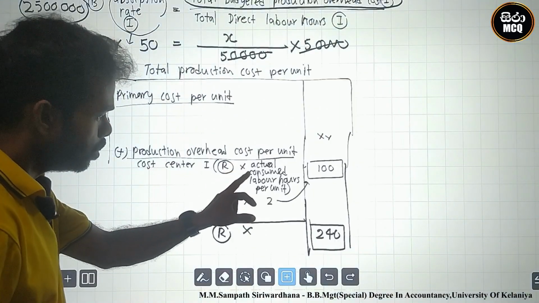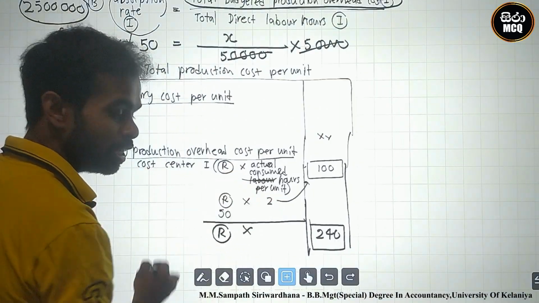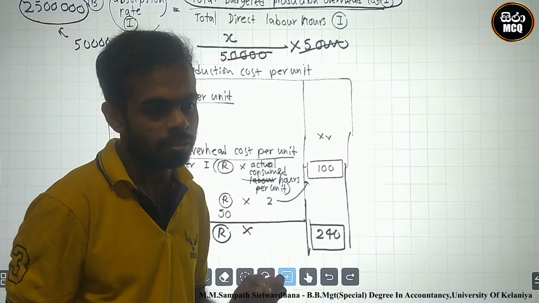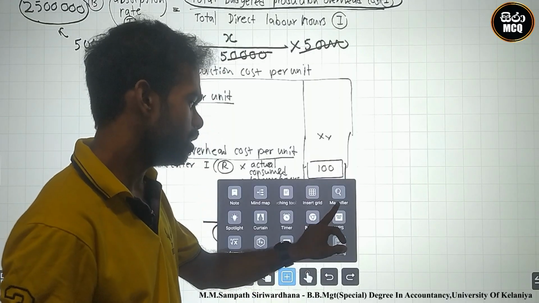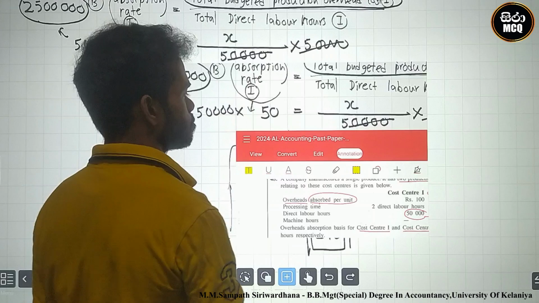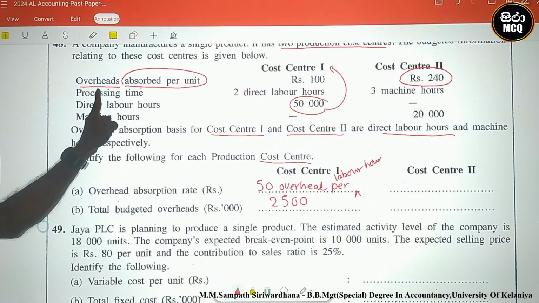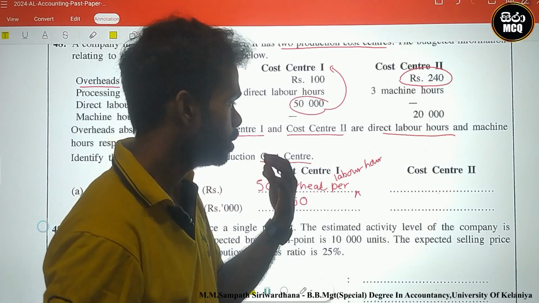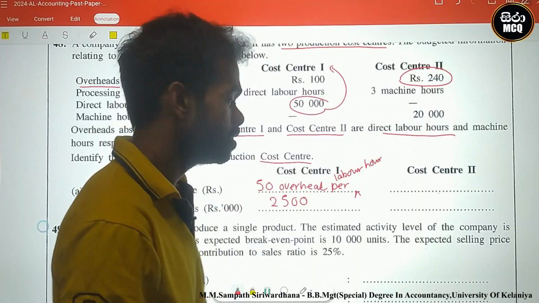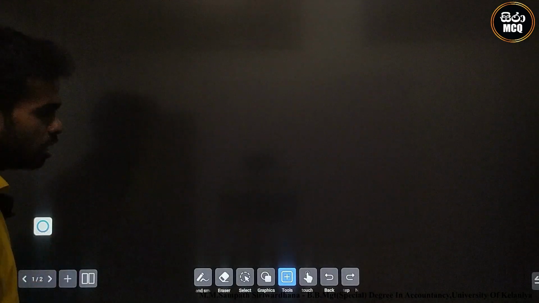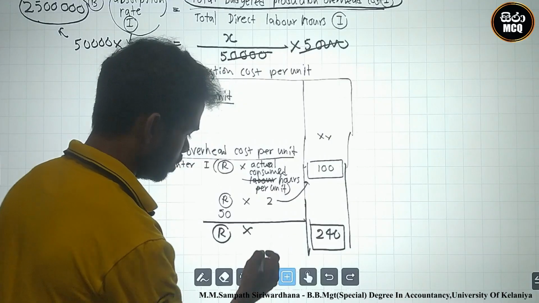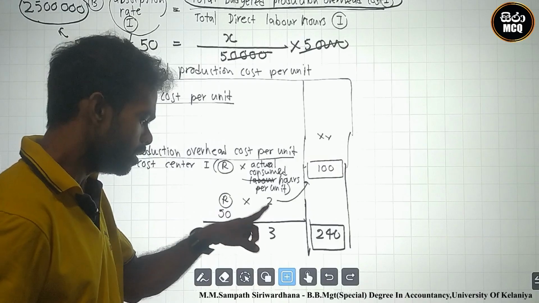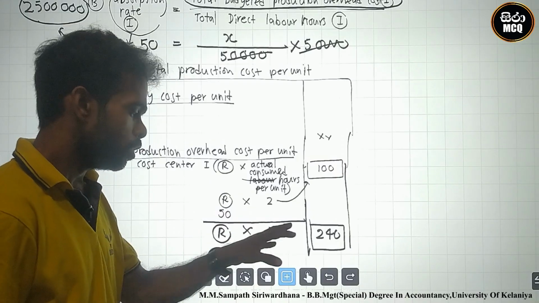This one is the actual consumed labor hours. No, this is machine hours, cost center 2. Actual consumed machine hours per unit. Look here, they supplied processing time. Processing time means per unit production: 3 machine hours. There are 3 machine hours consumed for 1 unit production. The rate multiplied by 3 gives 240.